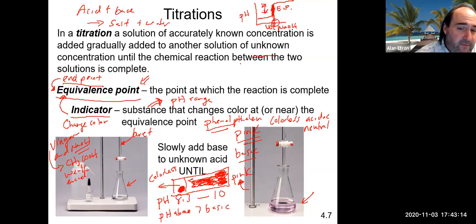So even though you maybe only added 1 drop, that 1 drop is enough to maybe change the pH from 8 all the way up to 9 or 10. And that's why with this sort of indicator, you will sometimes see your solution look like no color, and then all of a sudden it looks way darker, like super dark pink.